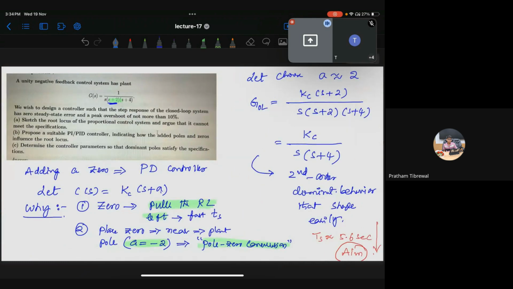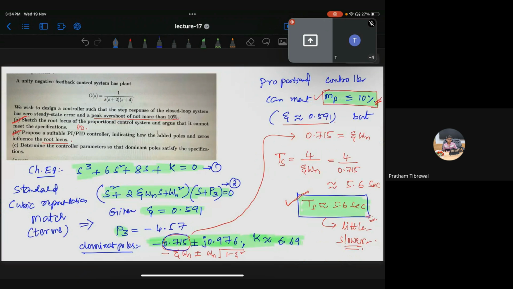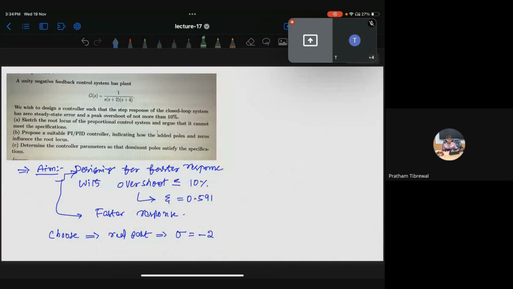Previously we had sigma as -0.715; in place of that, we are choosing sigma as -2. What does that -2 mean? Sigma, that is zeta omega n, is 2. Since you know zeta already, omega n is 2 by 0.591, which gives 3.384.